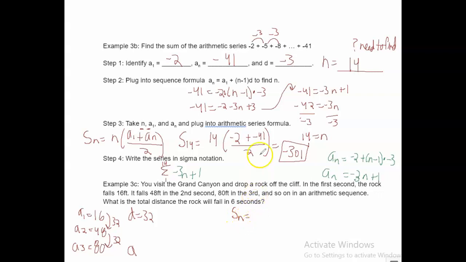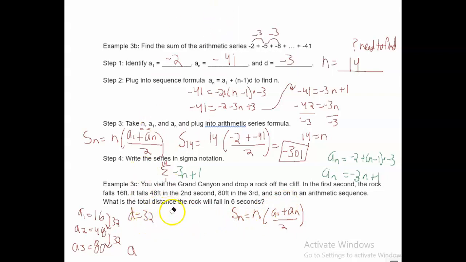Sn is n times A1 plus An divided by 2. We don't know our A6, so we're going to do a little work to find that.